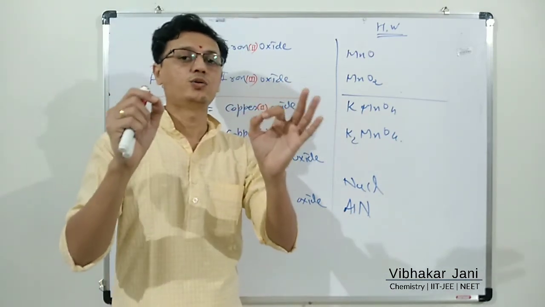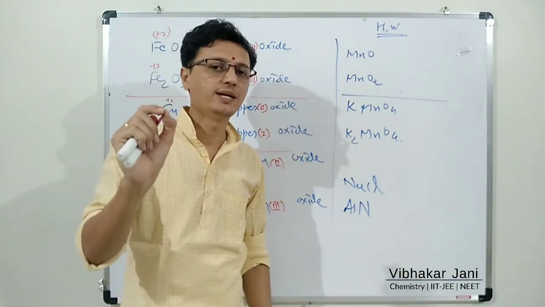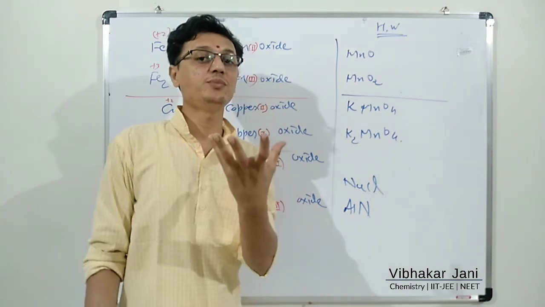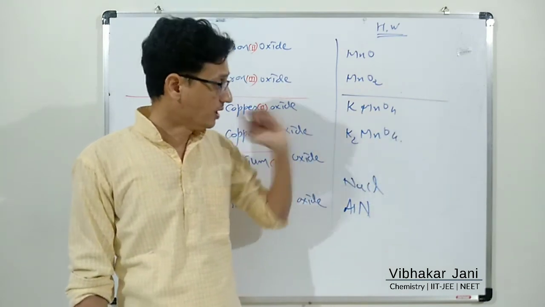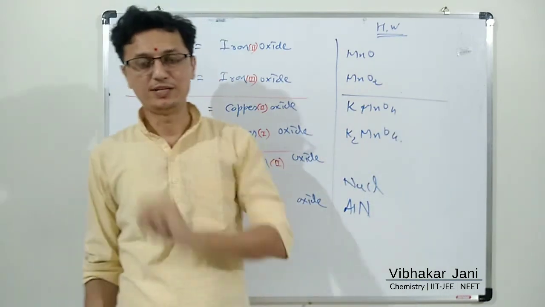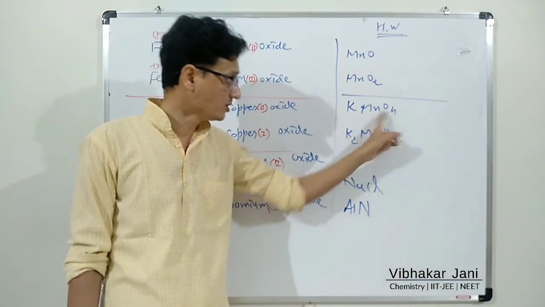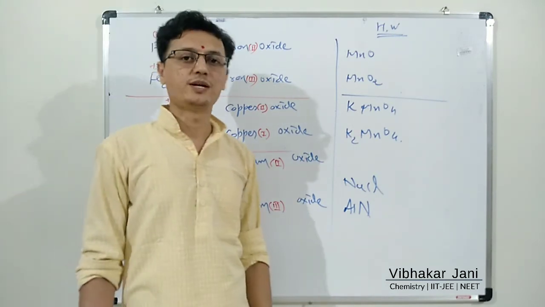If there are only two kinds of elements, then name of first element will be as it is, but after writing the name of second element, you have to add the suffix ide. But if there are three elements, and the last element is oxygen, then there is also a rule to give the name of such kind of compound.